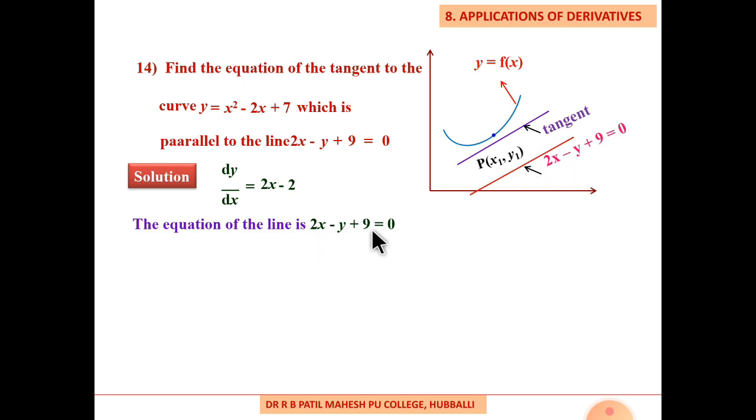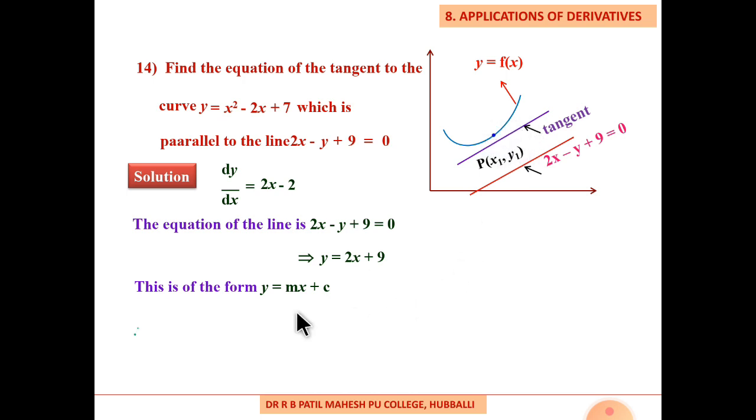Next, what is the equation of the line? 2x minus y plus 9 equal to 0. Now here y equal to 2x plus 9. So this is of the form y equal to mx plus c. In this example, by using this line, you have to calculate the slope of this line.